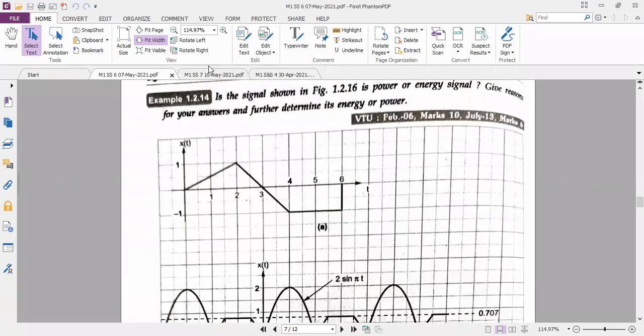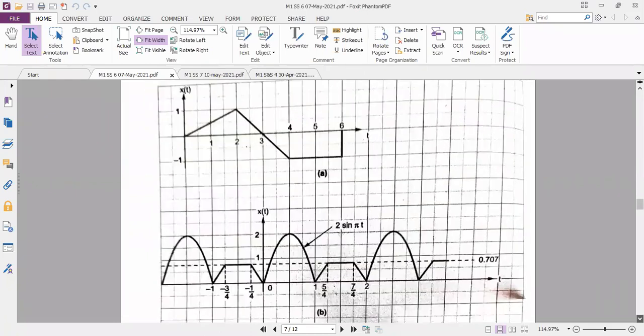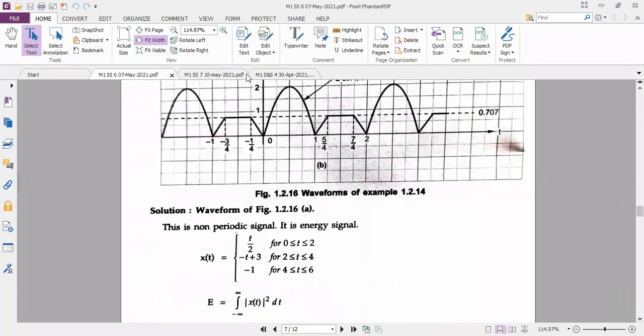Instead of 2t, you can use minus t. Since it is going to the bottom, I can write minus t plus 3. This is the perfect term such that above the x-axis I'll be getting plus 1 and below the x-axis I'll be getting minus 1. Are you people there or not? I'm not getting any reply. Yes, so it is minus t plus 3. I told you to do it by trial and error method.